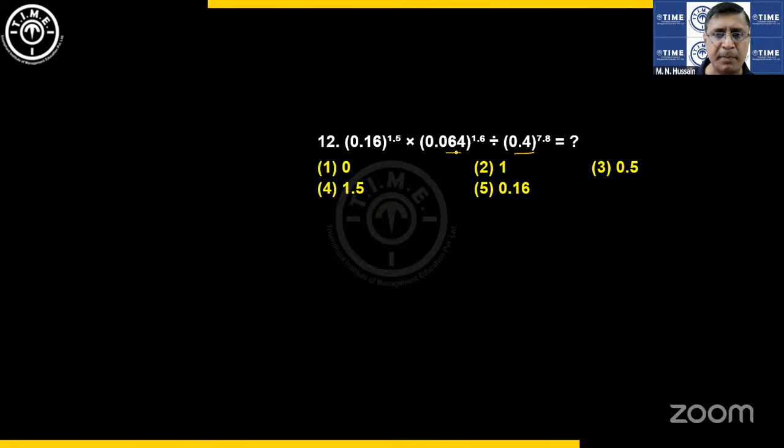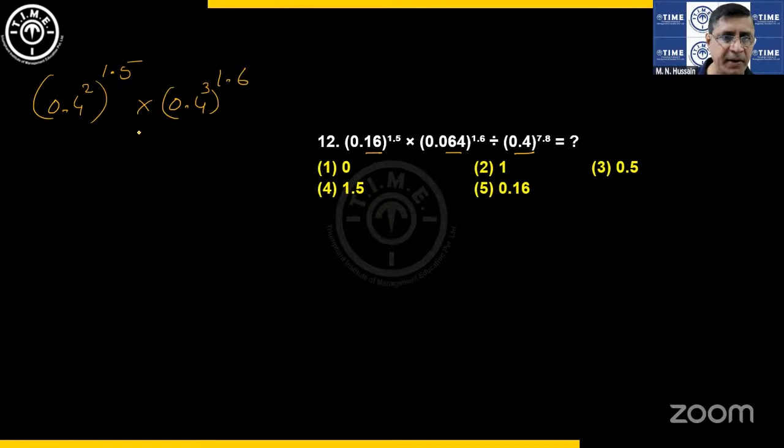Now by equating the bases, we can simplify this question very easily. Here it is 0.4 square whole power 1.5, 0.4 cube whole power 1.6 divided by 0.4 whole power 7.8.